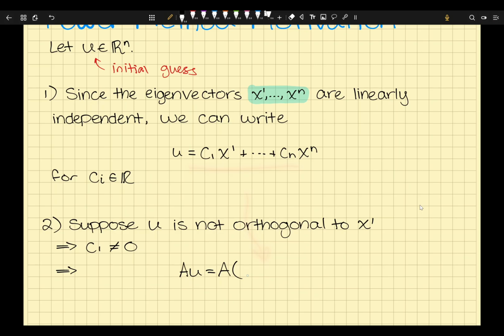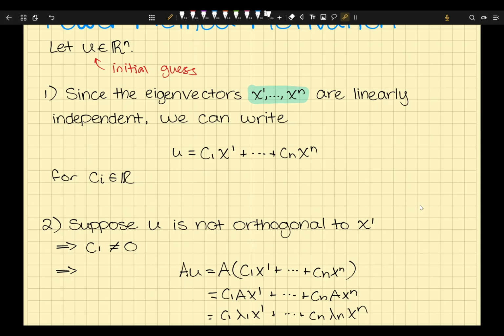What's important about this comment that u is not orthogonal to x1 is that, because it's not orthogonal, c1 has to be non-zero. So u has a non-zero amount in the direction of x1. Because c1 is not zero, this whole term won't be zero, so our eigenvalue appears.